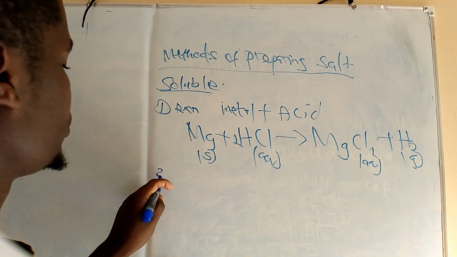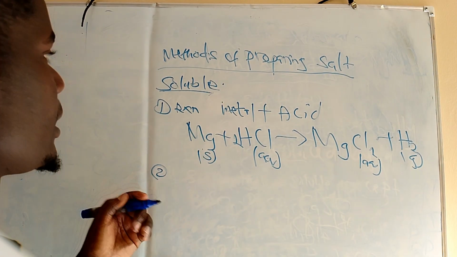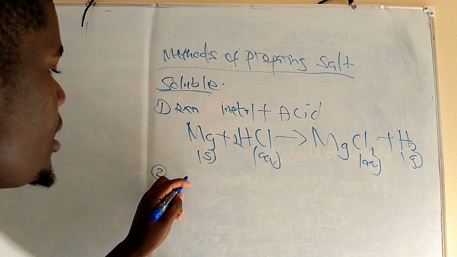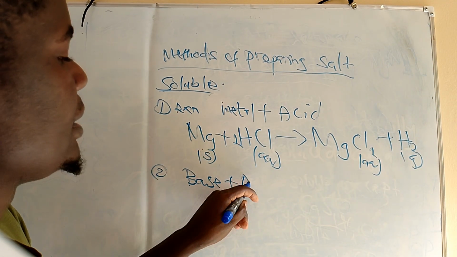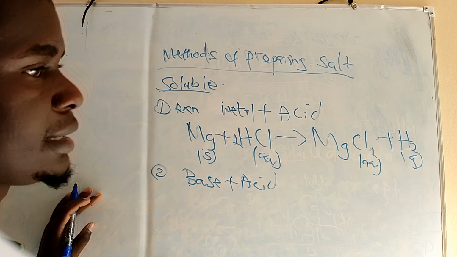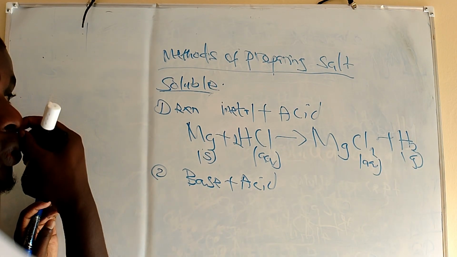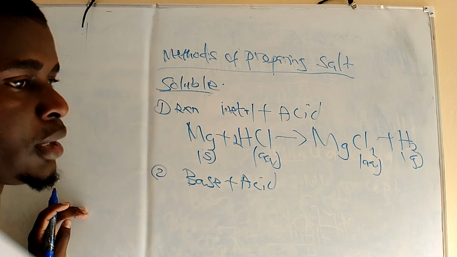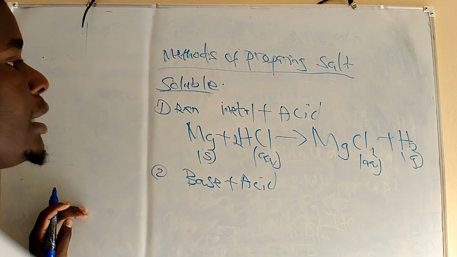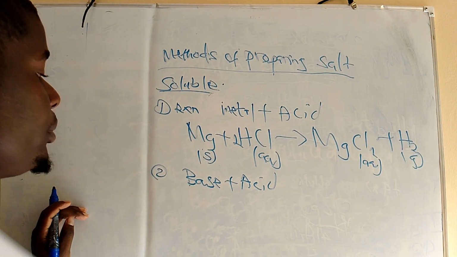And also number two is a reaction between a base and an acid, which we normally call a neutralization reaction. A base and an acid where salt and water are being produced as the products.